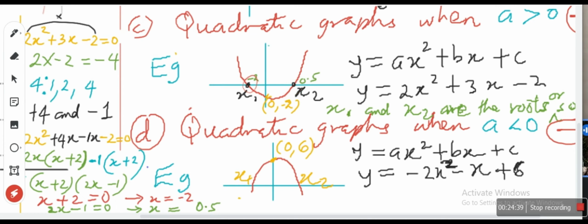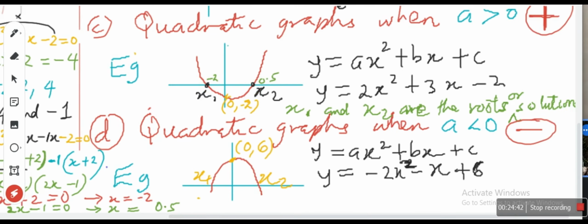The roots are also called the solutions. x1 and x2 are the roots or solutions where the graph cuts the x-axis. And then you need to know the intercept. We know the intercept is this value, 0, minus 2, which is here. And then you need to know the turning point. You get that by completing the square. We've done that in another lesson.